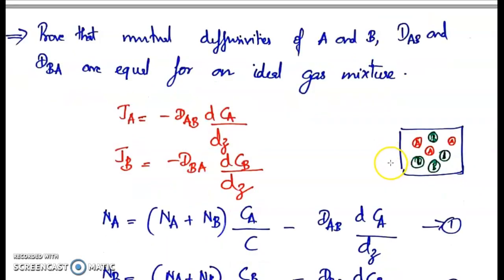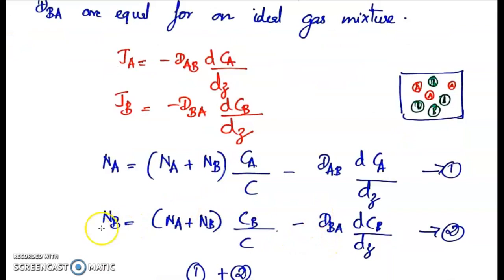So let us write the expressions for NA, that means the molar flux seen by an observer standing outside who is stationary. So NA is equal to (NA plus NB) CA by C minus DAB dCA by dZ.